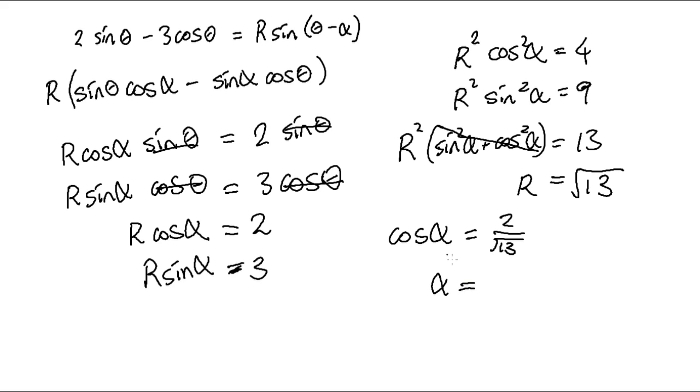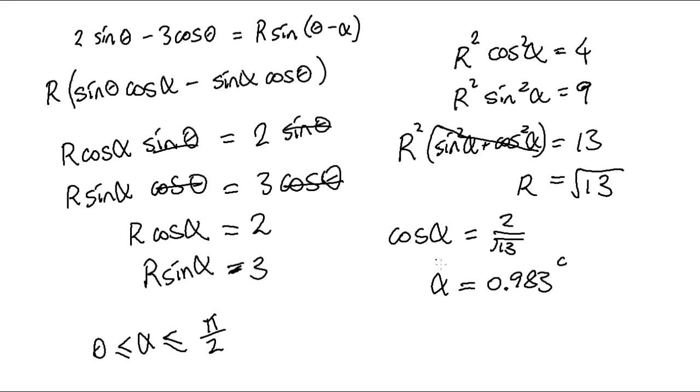You can be on degrees or radians, but for this question it's given that alpha is in the range of 0 to pi over 2, so let's set the calculator on radian mode and do an arc cosine of 2 over root 13. That will give us 0.983 radians.